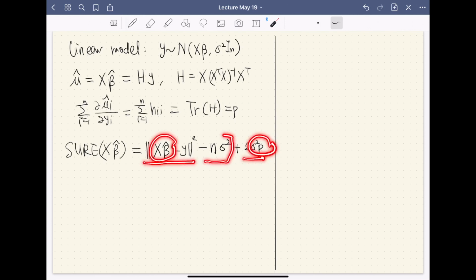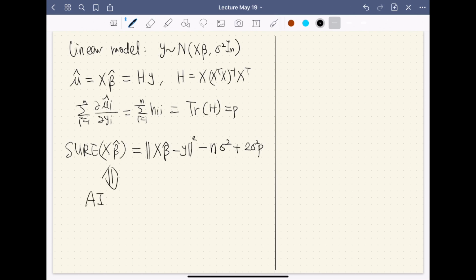The second term will not change because that's always the sample size times the variance. So when you compare different models, the second term is not important. That's why, in this case, we have derived AIC.